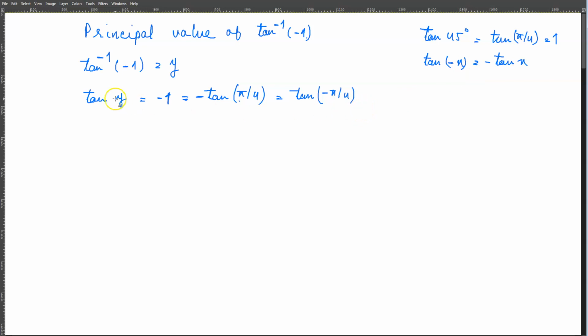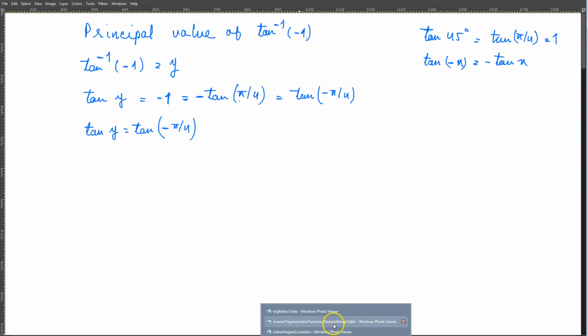So that means that tan of y is equal to tan of negative pi by 4, which means that now let's take a look at the domain and all of the business related to the tan inverse function.